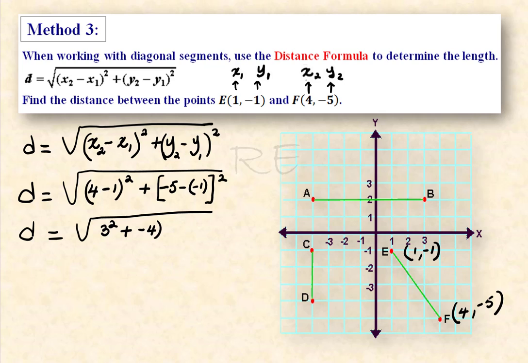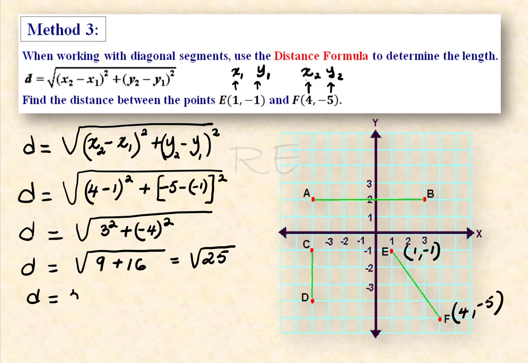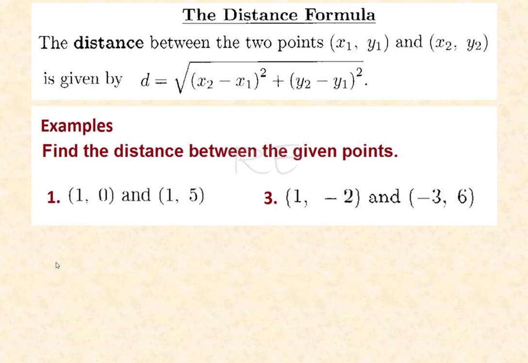Now we get the square root of 3 squared plus (-3) squared, which is the square root of 9 plus 9, which is the square root of 18, and we get the distance of the diagonal.